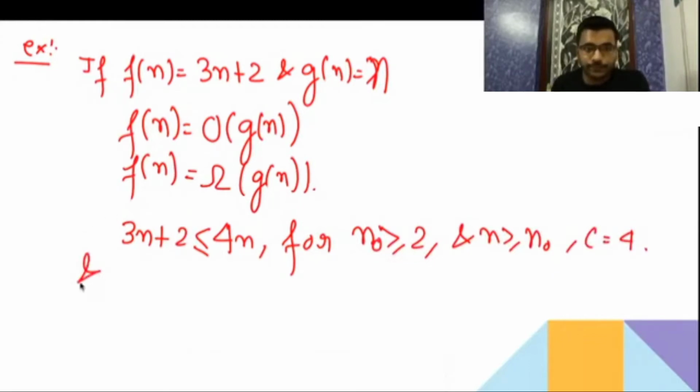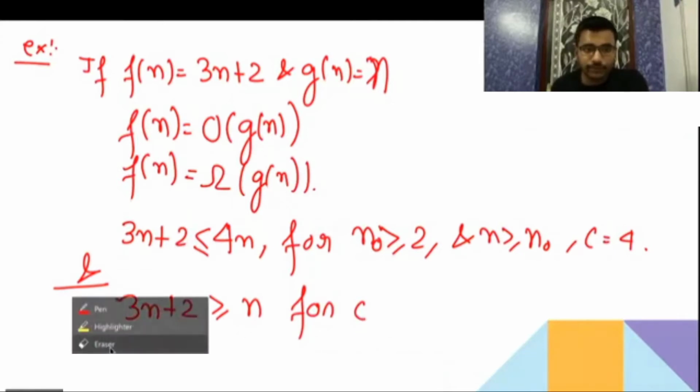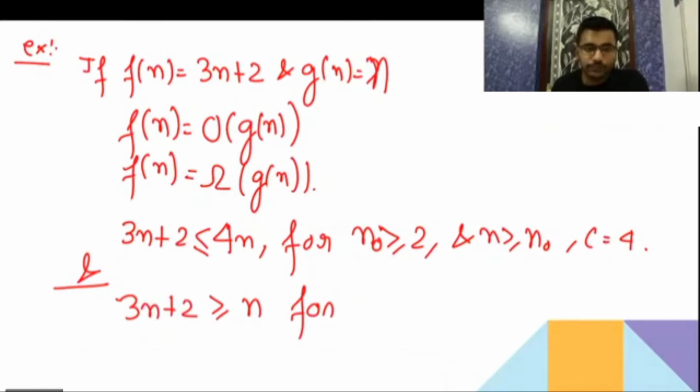And 3n plus 2 was greater than equal to n for n naught greater than equal to 1, n greater than equal to n naught and c equal to 1.